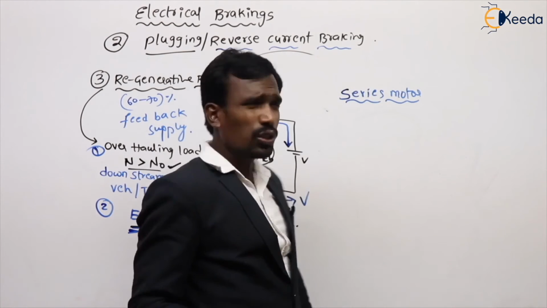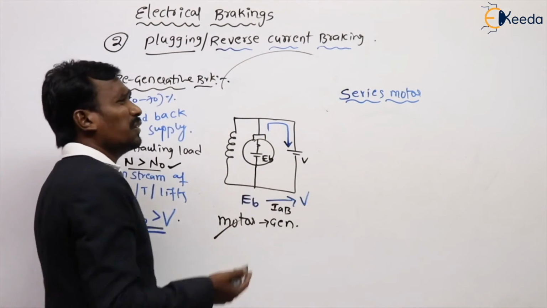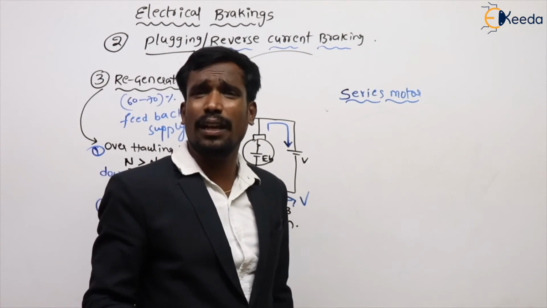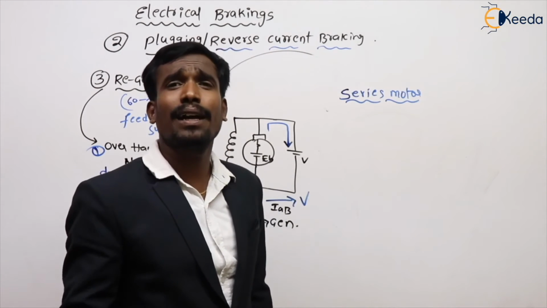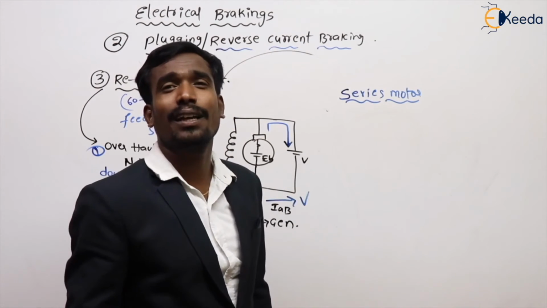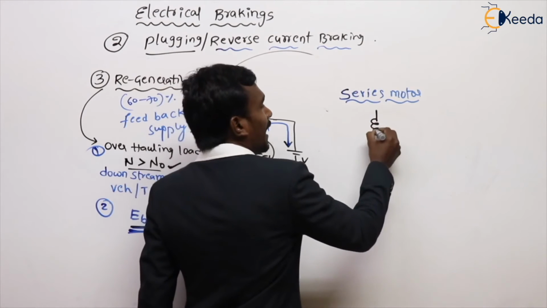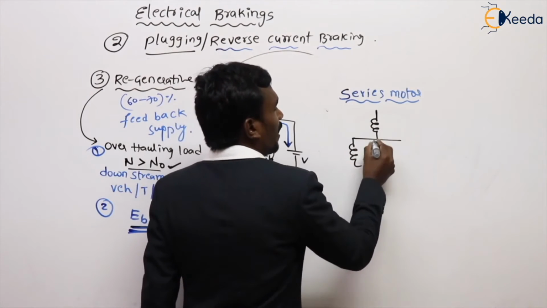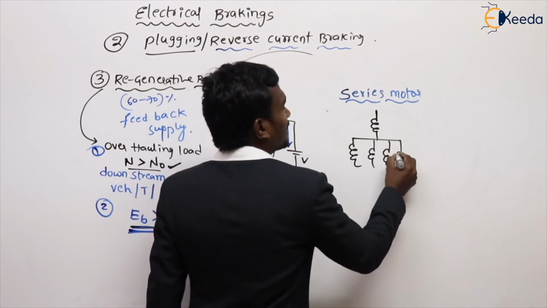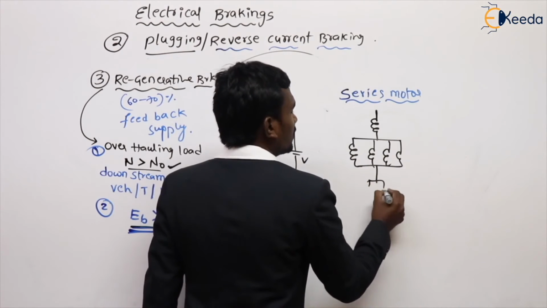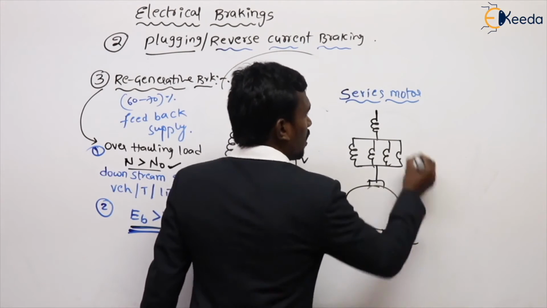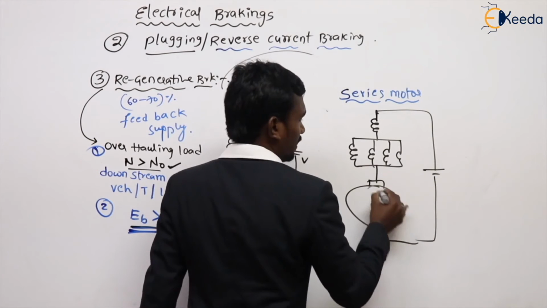Yes or no? So it is very difficult to apply regenerative braking here, but we can apply it by adding an extra auxiliary set of windings in series to the field winding like this.